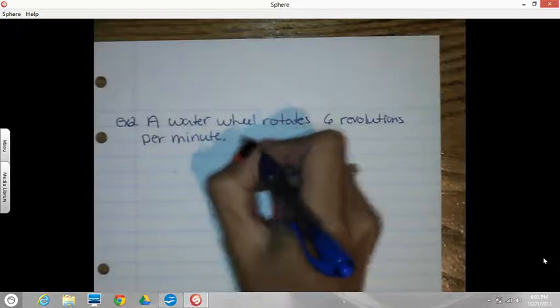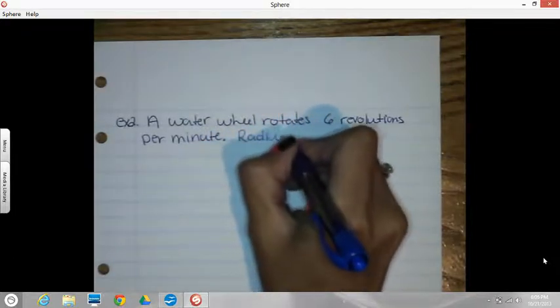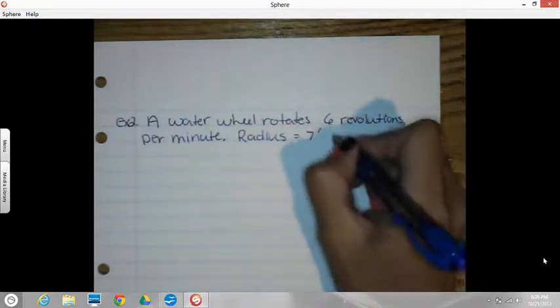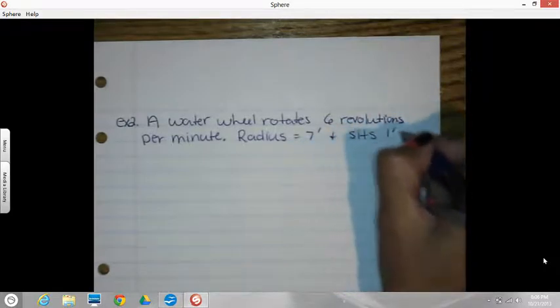It has a radius equal to 7 feet. And it sits 1 foot into the water.